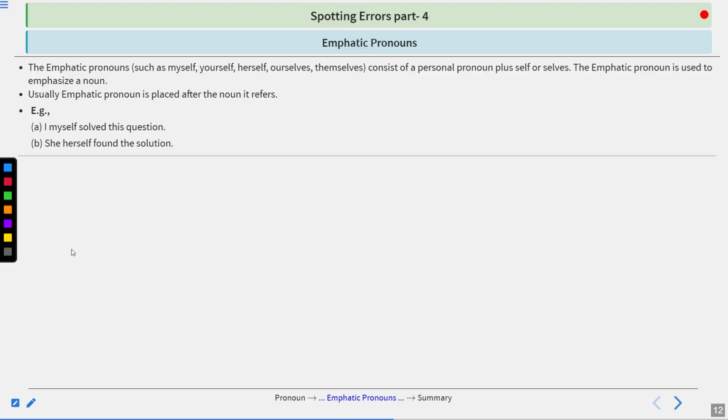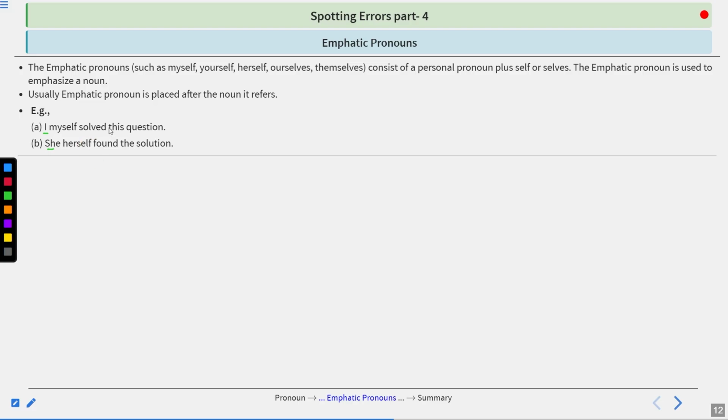So the position of the emphatic pronoun is different. You need to remember it. It could be in two positions. Either you put the emphatic pronoun after the subject here. The subject is I, and here the subject is she. Or you can put it before the main verb, or after the object, if there is any.